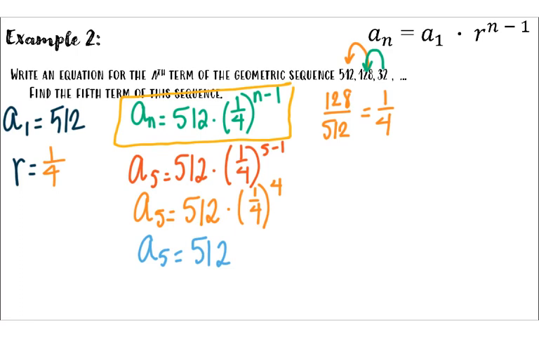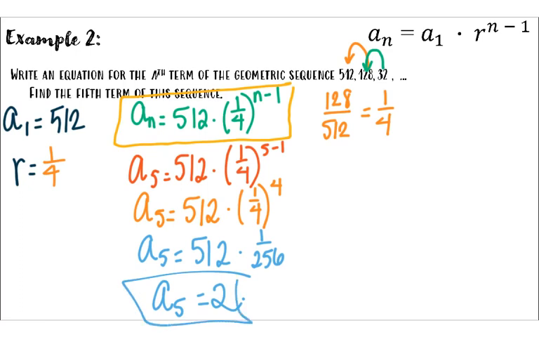Well, 1/4 times 1/4 times 1/4 times 1/4 is 1/256. And then lastly, 512 times 1/256 is simply 2. So the 5th number in this sequence is 2.